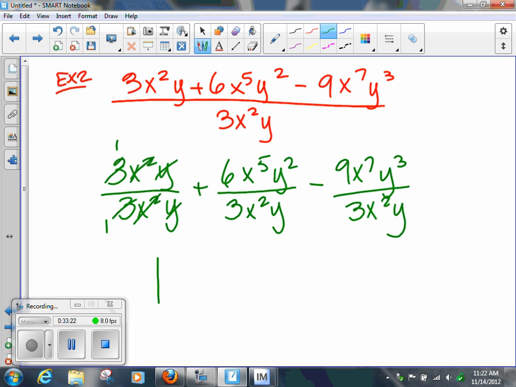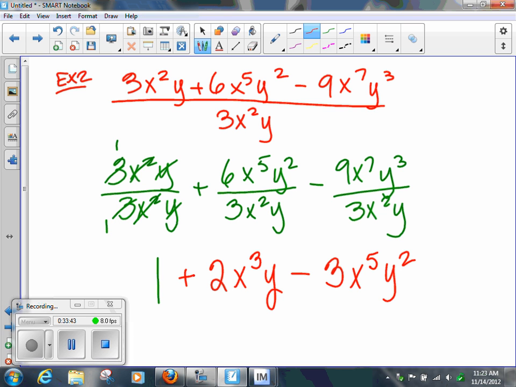Yeah, you've got to put 1 there. Raise your hand because you made it too. Okay. All right. Don't make that careless mistake. What about the second term? Plus 2x cubed y. Very good. Minus 3x to the 5th y squared.